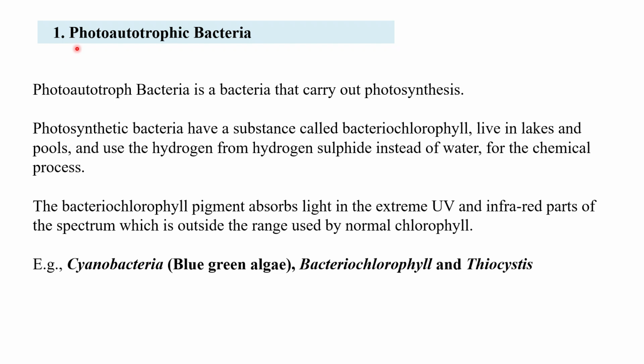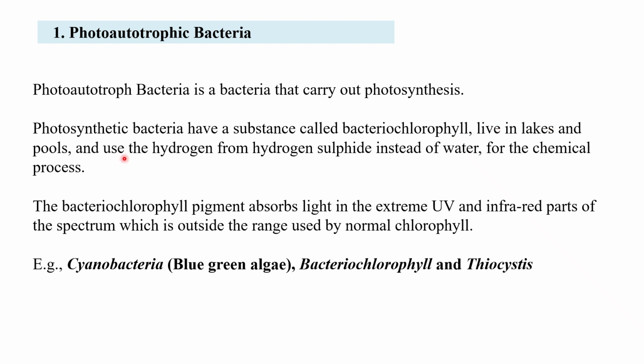In the previous slide, we discussed that autotrophs are divided into two types, photoautotrophic and chemoautotrophic. By photoautotrophic, we mean photo means light, auto means self, and trophic means nutrition. That is the bacteria which can carry out photosynthesis and synthesize their own food. The difference is that photosynthetic bacteria have a substance called bacteriochlorophyll.